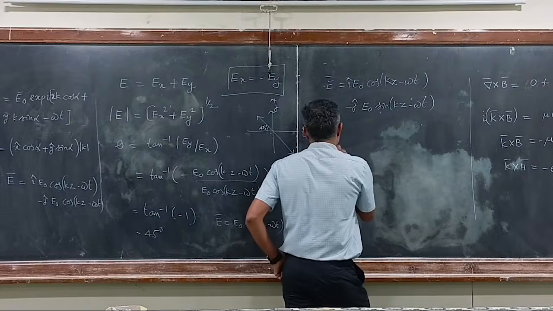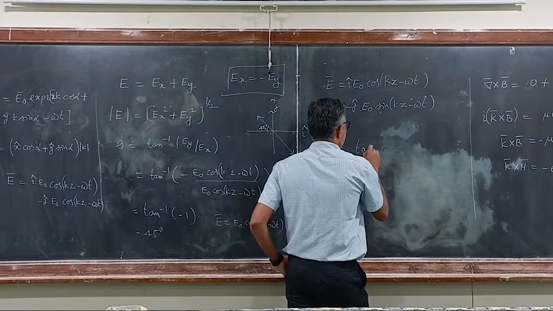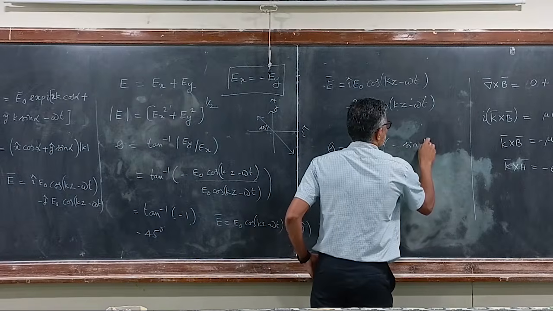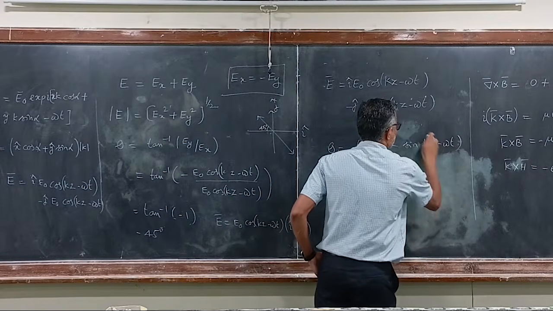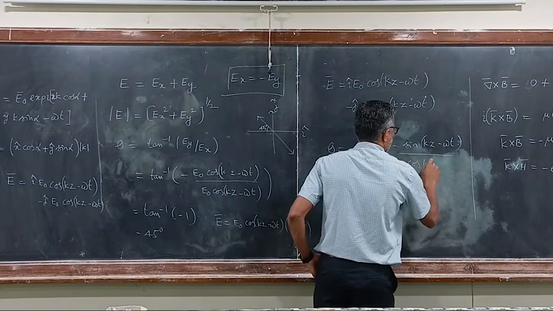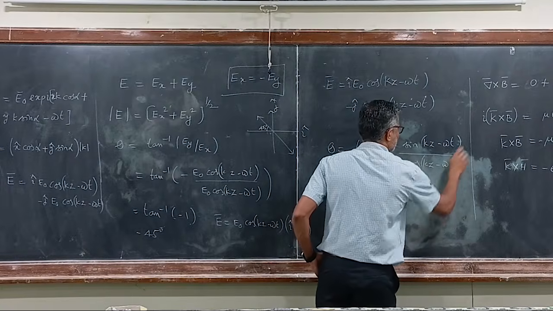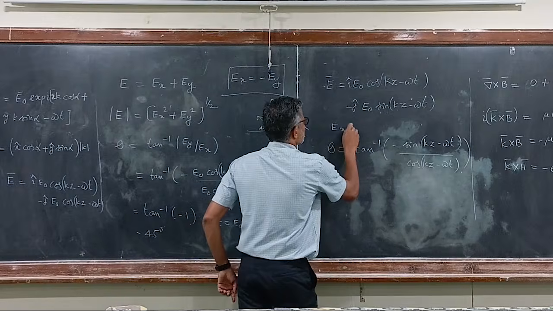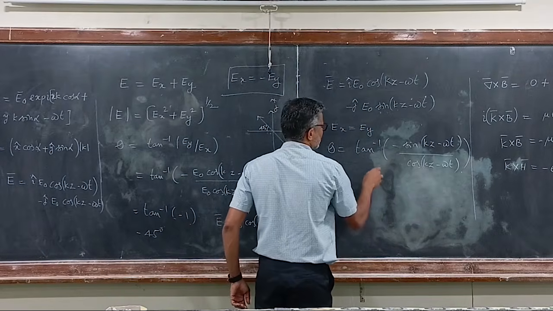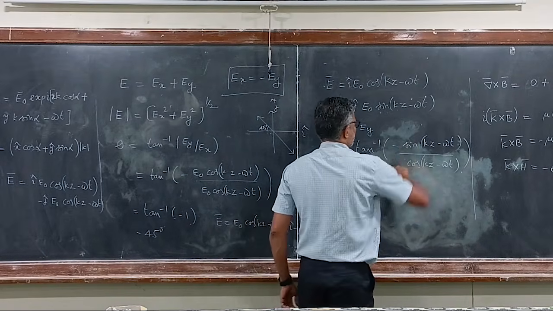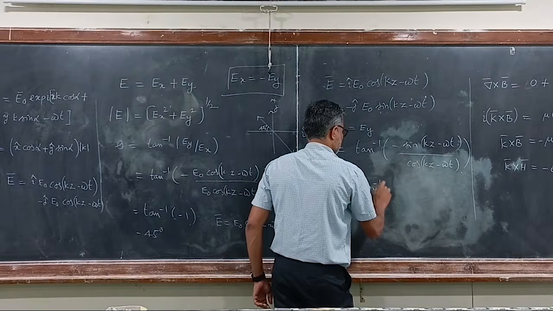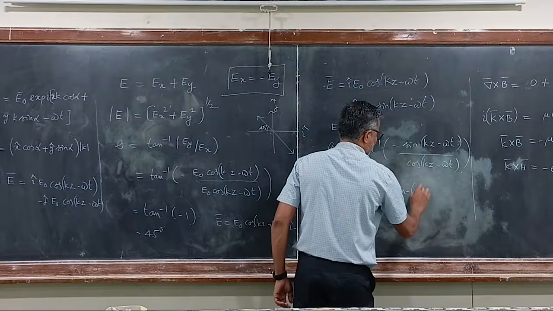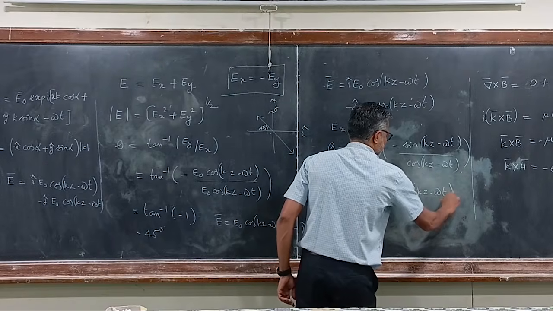So let's say theta will be equal to tan inverse of, let's say, your y component, which is minus sin(kz minus omega t), whole divided by cos(kz minus omega t). Is that right? The amplitudes are the same, your Ex equals Ey.